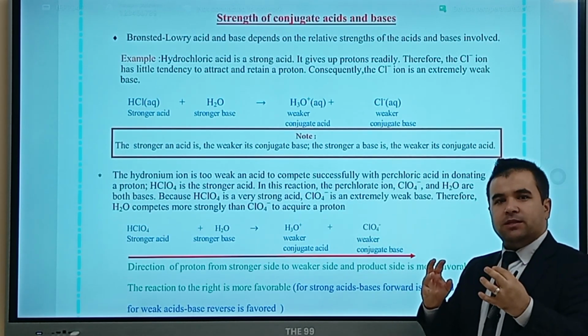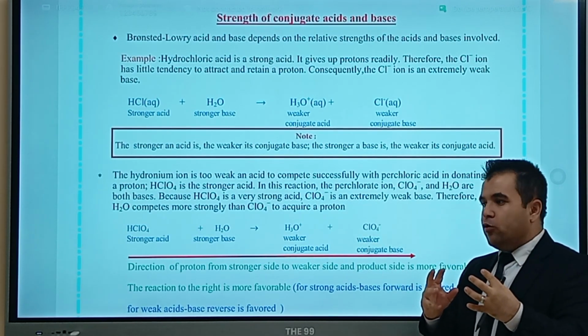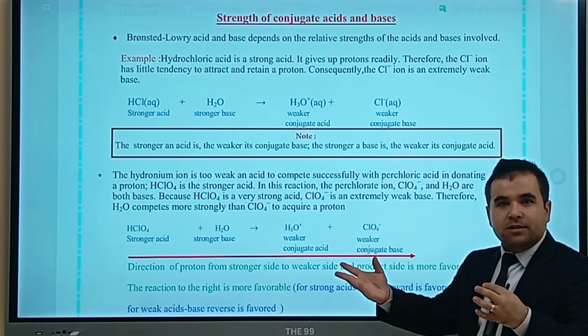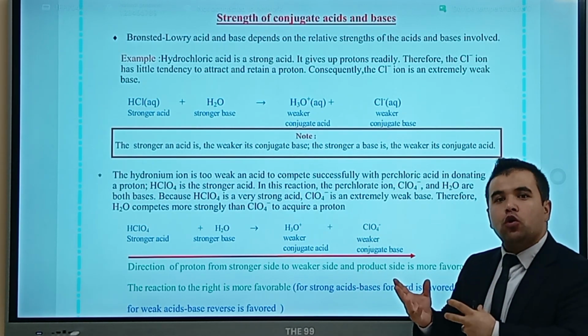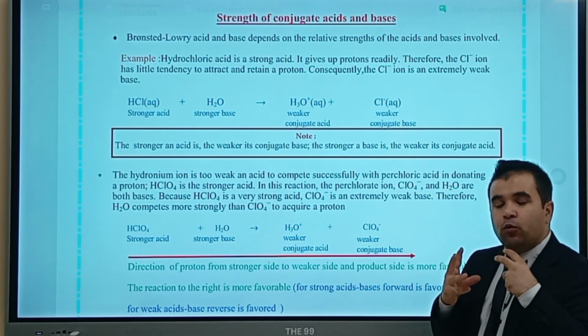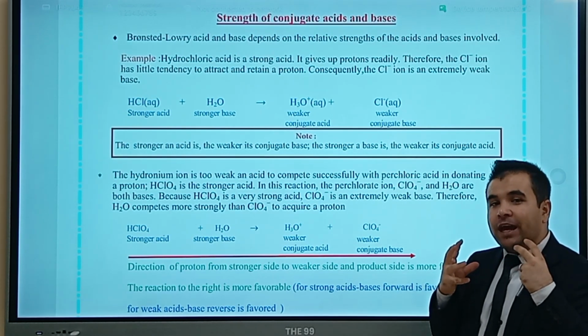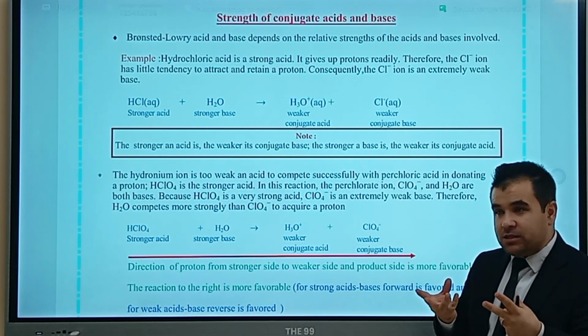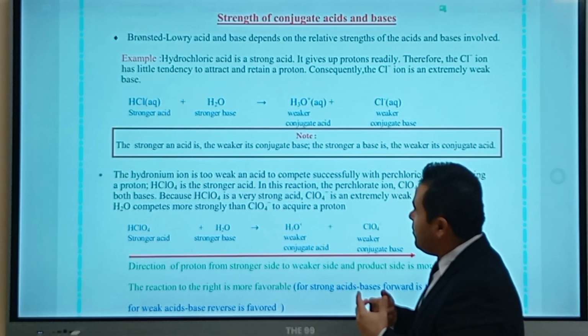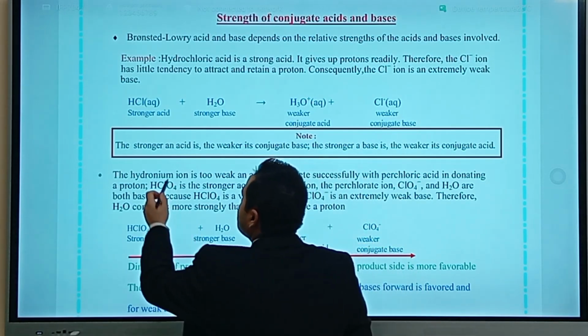As the acids and bases are strong, they will produce weaker conjugates. As the acids and bases are weak, they will produce stronger conjugates. So simply, the conjugate strength is just the opposite of the acids and bases. Have a look at this example, guys.